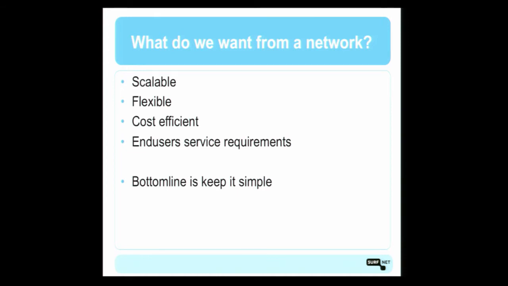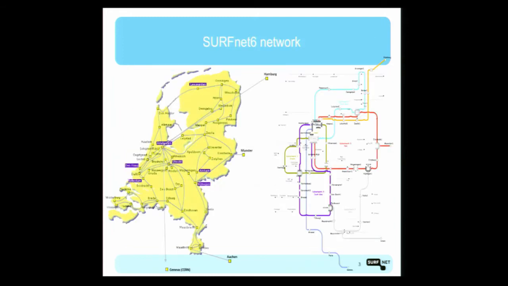And so the next question is, what's wrong with SurfNet 6, our previous network? So we take a step back and give you a short introduction on that SurfNet 6 network, which we have been running since 2005, I think.